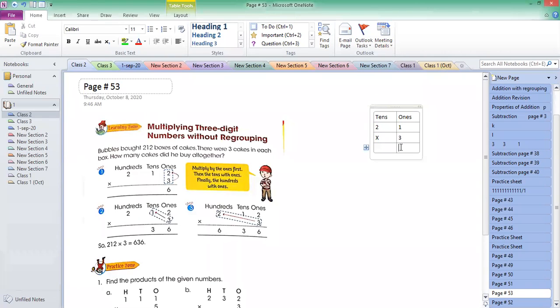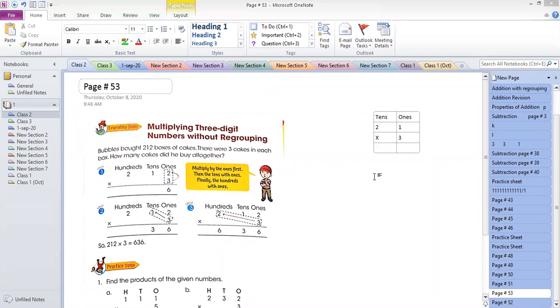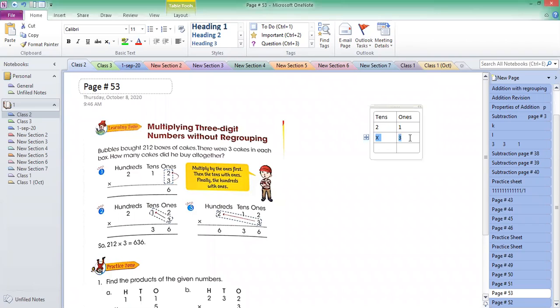So I multiply ones first. On the ones position there is 3 and there is 1. So 3 multiplied by 1 equals 3. I should write here 3.